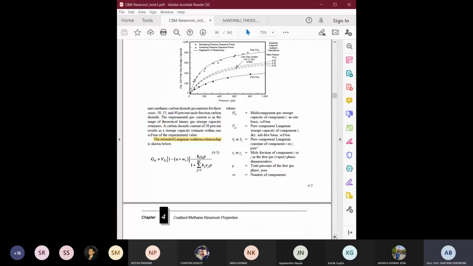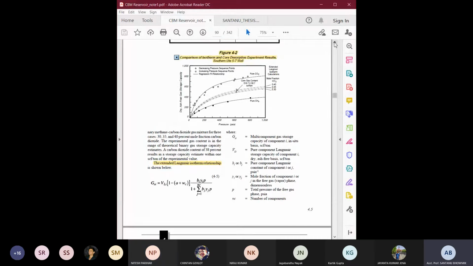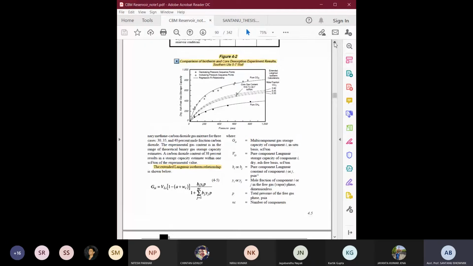So you have seen in the earlier discussion that depending on the composition of the adsorbed gas in a particular mixture, whether it is 20-80 or 40-60 or 60-40 or 80-20, the total adsorption capacity, and in that total adsorption capacity, the individual gas adsorption capacity is quite different for different compositions.